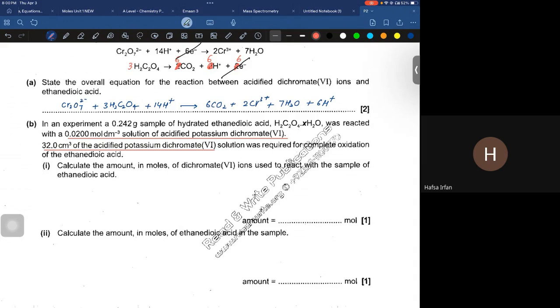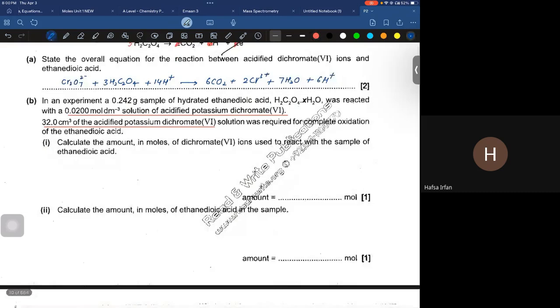They are asking for the moles of dichromate. I have to calculate the moles of dichromate, which is equal to concentration times volume. Convert the volume to dm cube, of course you have to divide it by 1000. What's the answer?